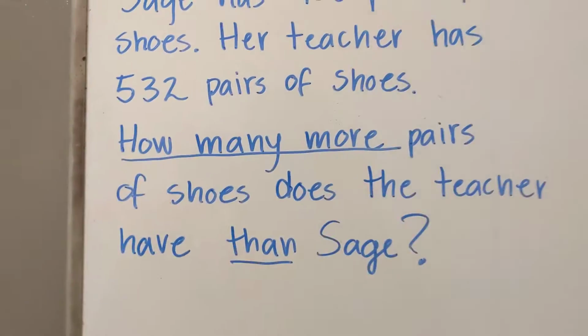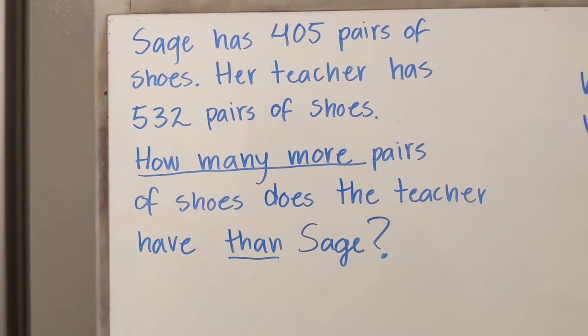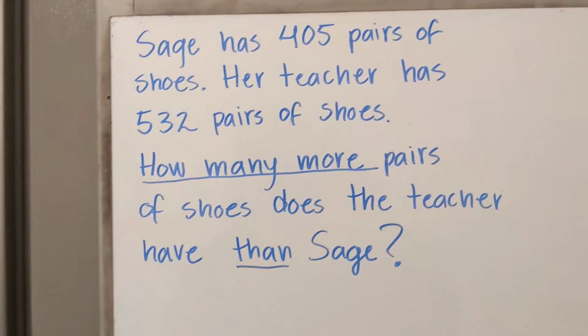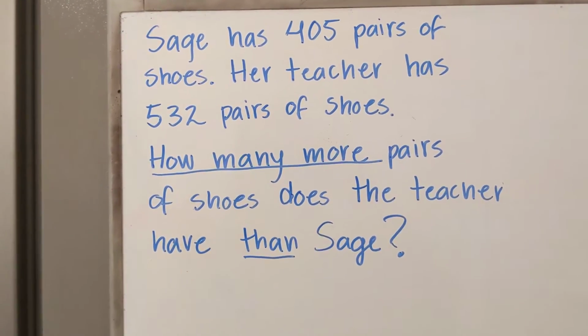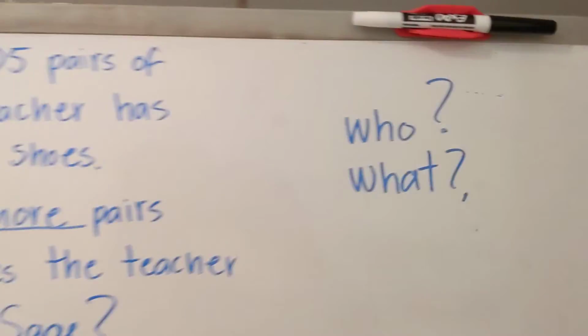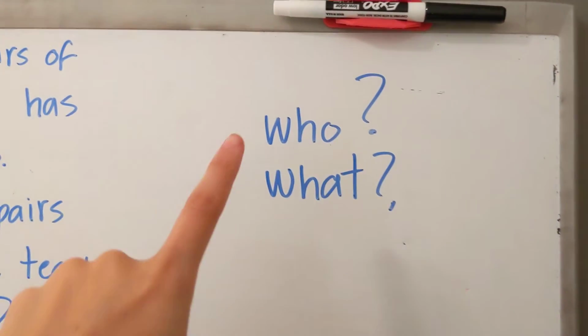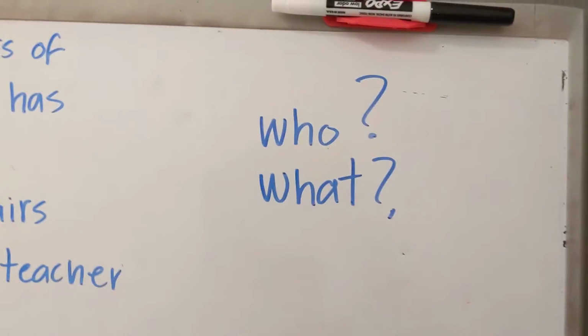Now let's take this away so we don't get confused. Before we proceed to solve the problem, I always make sure that I ask the students about the problem, because I want to make sure that they understand it. So two questions that you want to ask them are, who is this problem talking about, and what is this problem talking about? What's the situation? What's happening?